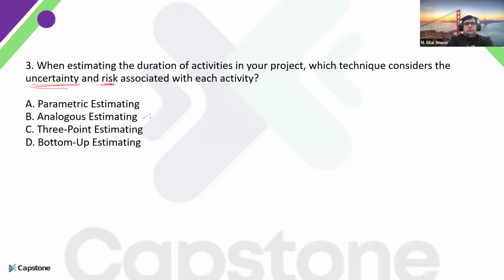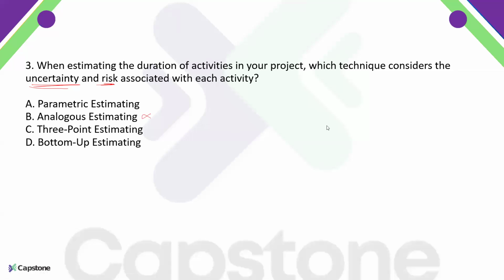Analogous estimating is based on historical data, so it is not considering uncertainty. The historical data may not be that accurate or may not be valid. So analogous is not the right answer.